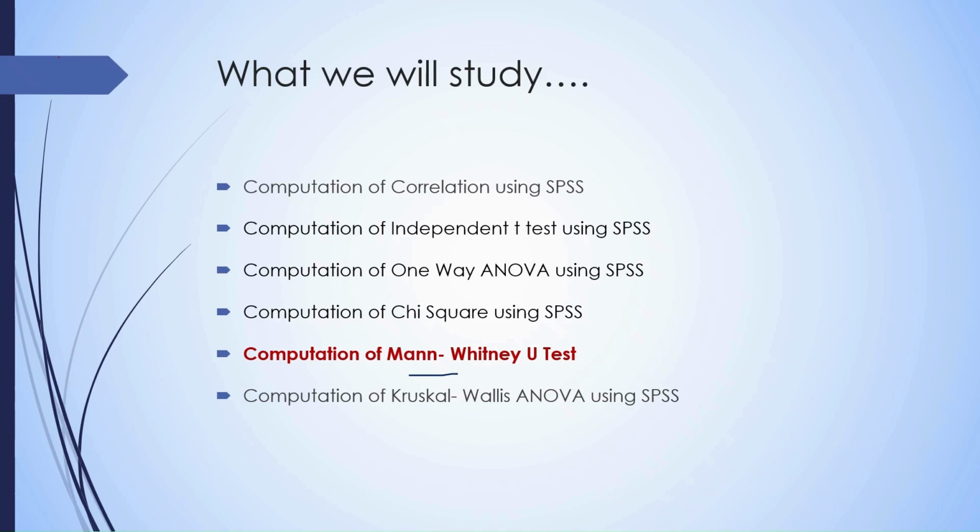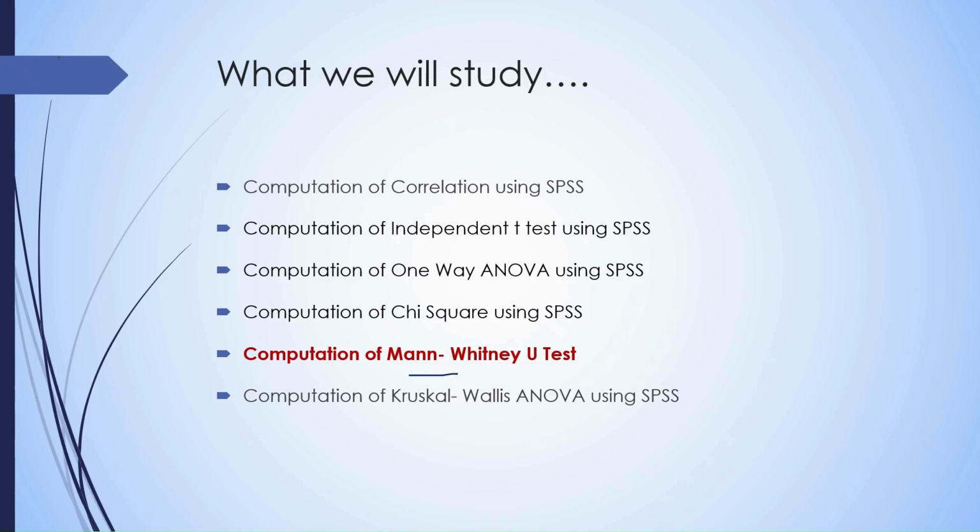Now, if you remember the measures of central tendency, you know that since this is a non-parametric test, the measure of central tendency used would be the median and not the mean, because the mean is used in parametric statistics, right? So here we are going to determine if there is a significant difference between the distribution, the median, of two independent groups. That is the Mann-Whitney U-test.